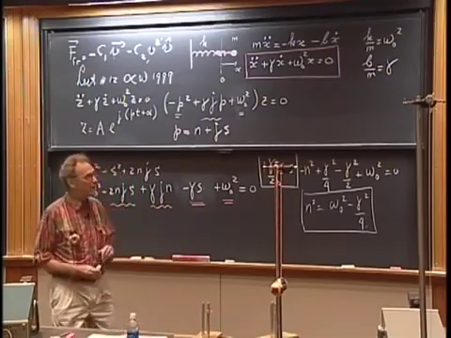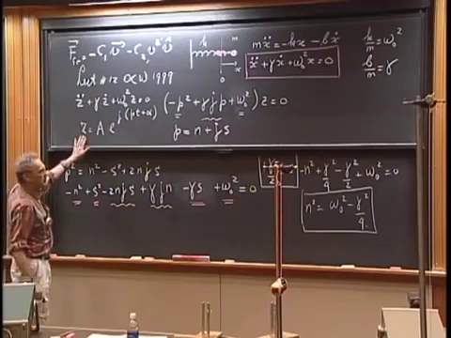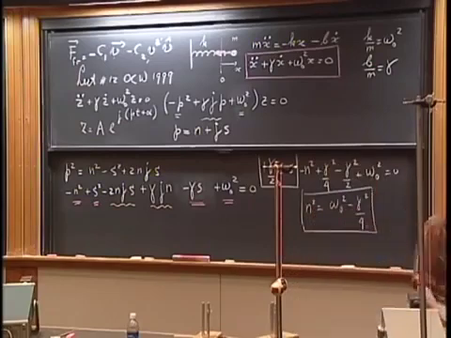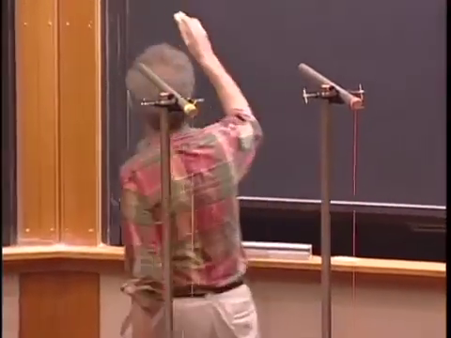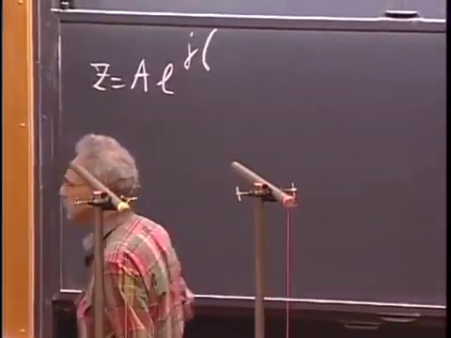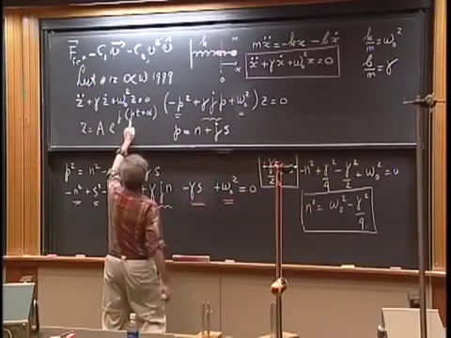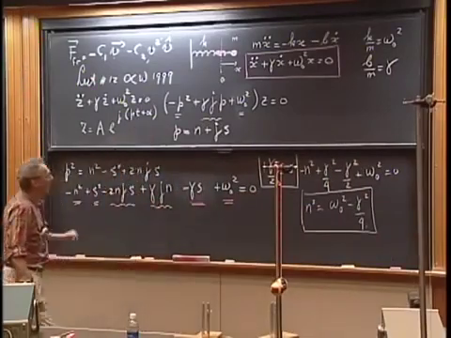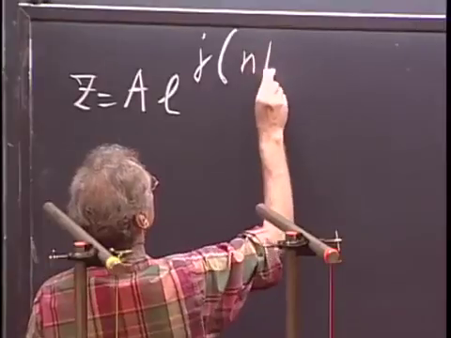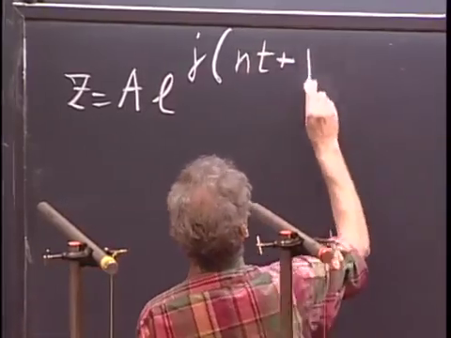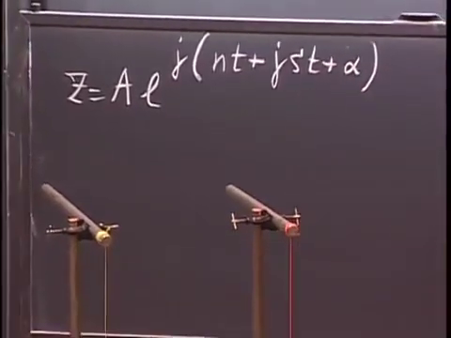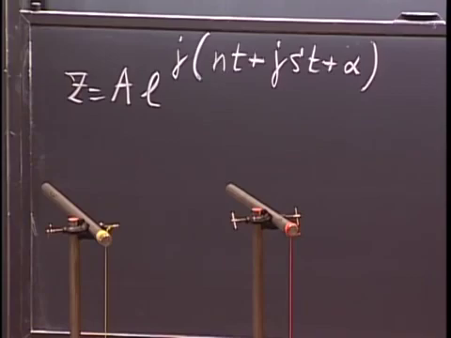And so now I can go back to my trial function, and I can substitute the values that we have found in that complex function. So we get z equals A times e to the power j, and now we have to put in pt plus alpha. But p is n plus js. So nt plus jst plus alpha. Yeah, I go slowly, I don't skip too many steps.